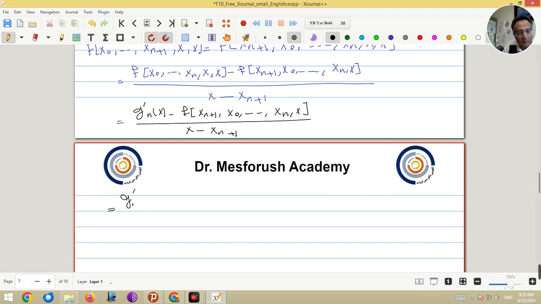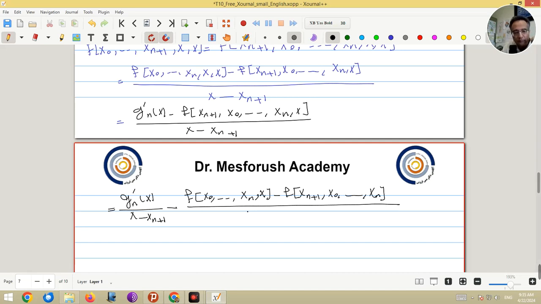So I can write g'n(x) over x minus xn+1 minus, and by the definition of divided difference I can get f[x0 to xn, x] minus f[xn+1, x0 to xn] over x minus xn.